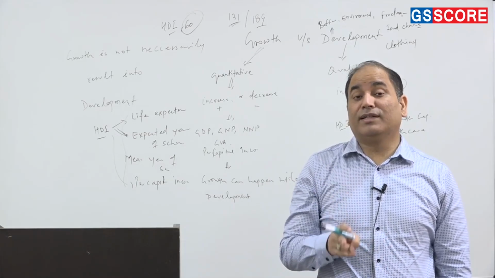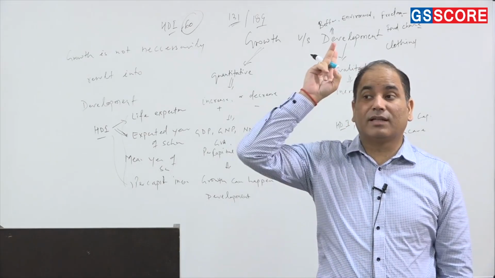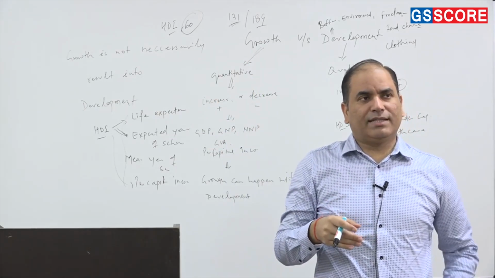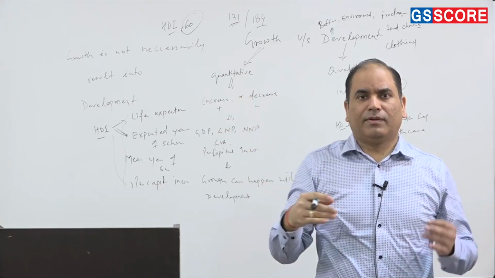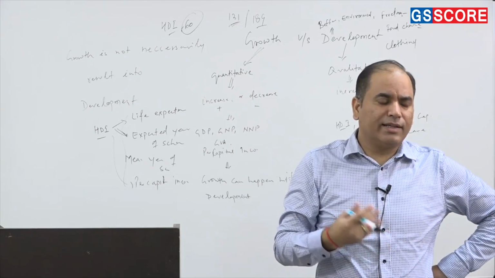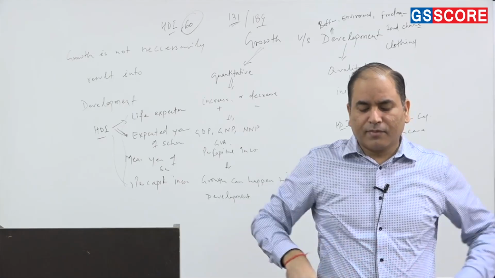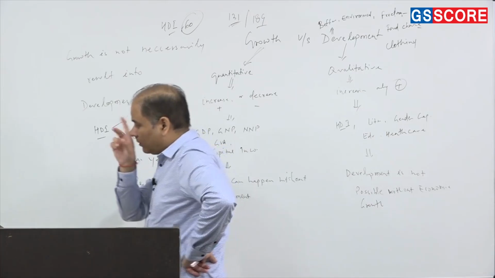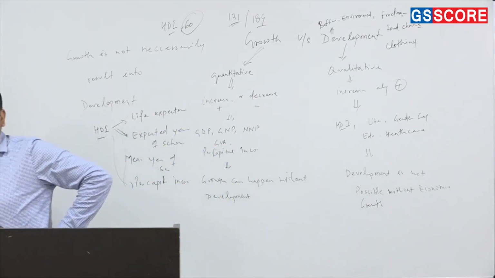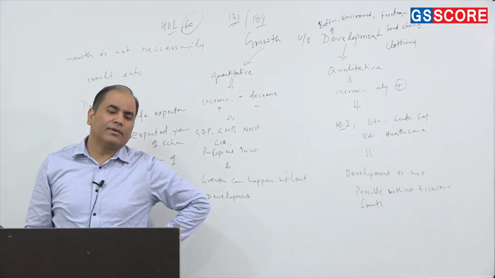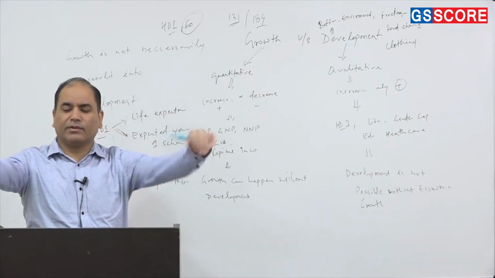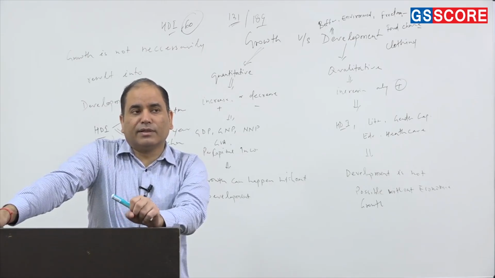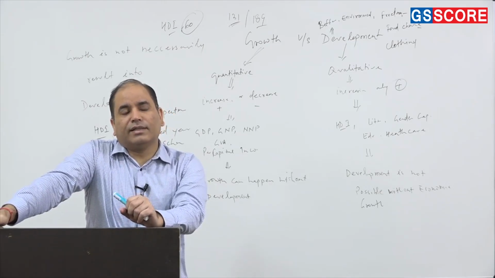So we need not just rely on those 3-4 elements, because development is much more beyond those indicators. Even in that backdrop, a happiness index has been suggested by Bhutan, and Bhutan happens to be one of the happiest countries. Also, there is a modern concept related to the environment, because climate change is becoming a very big issue worldwide.